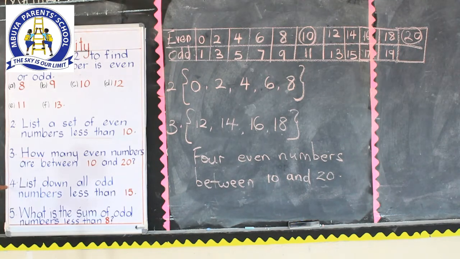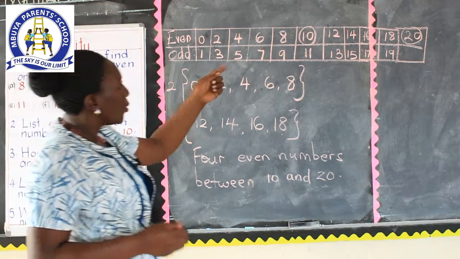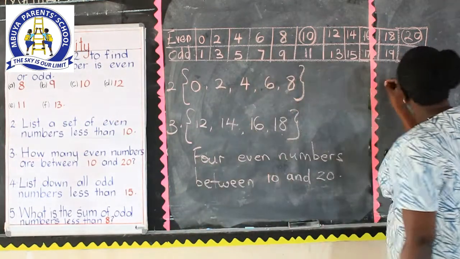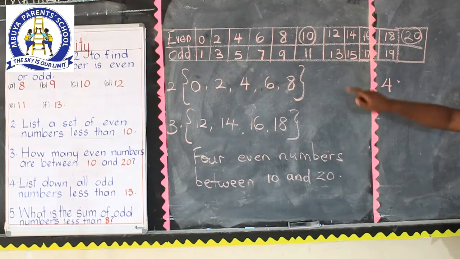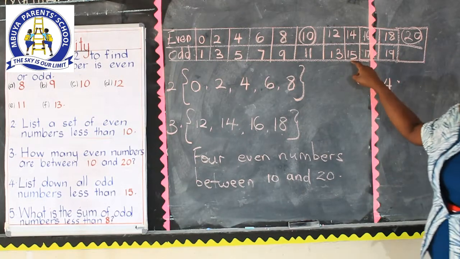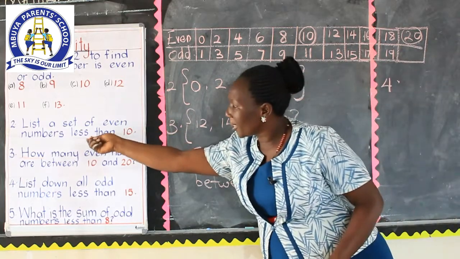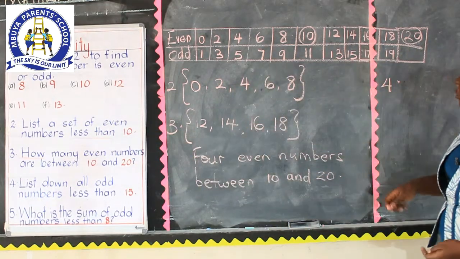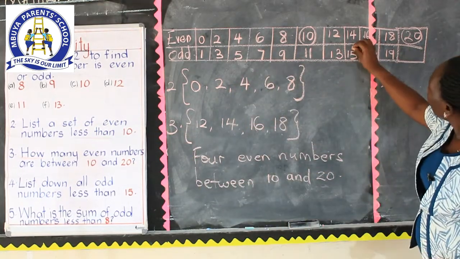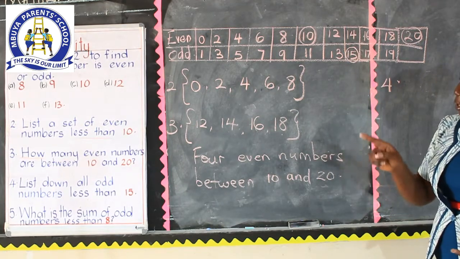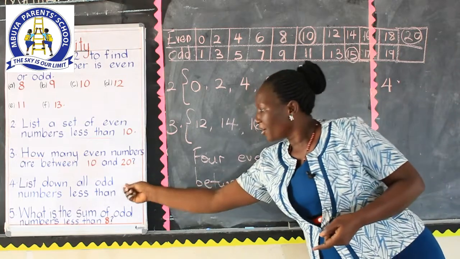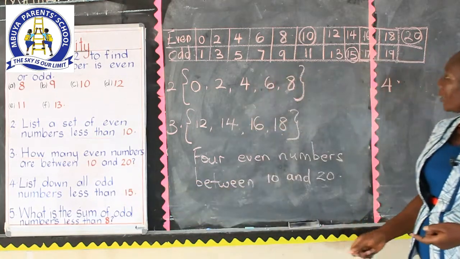Number 4 says, list down odd numbers less than 15. We get back to our table. They say odd numbers less than 15. We've already looked at that word here. So it is simple for us to get those odd numbers. So we have 15 there. Remember, if they said less than, you're not going to include that.